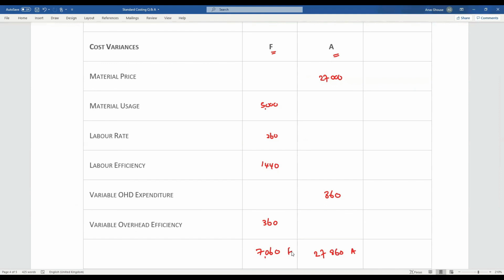So therefore, if you take the net, that will be 20 million 800 adverse.